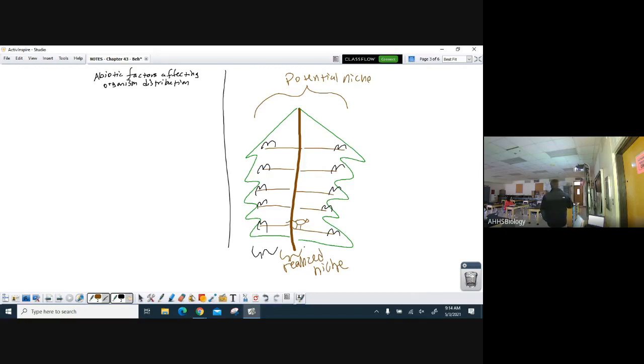And so the reason that organisms don't fully fill in their niche is because of what's called competitive exclusion.